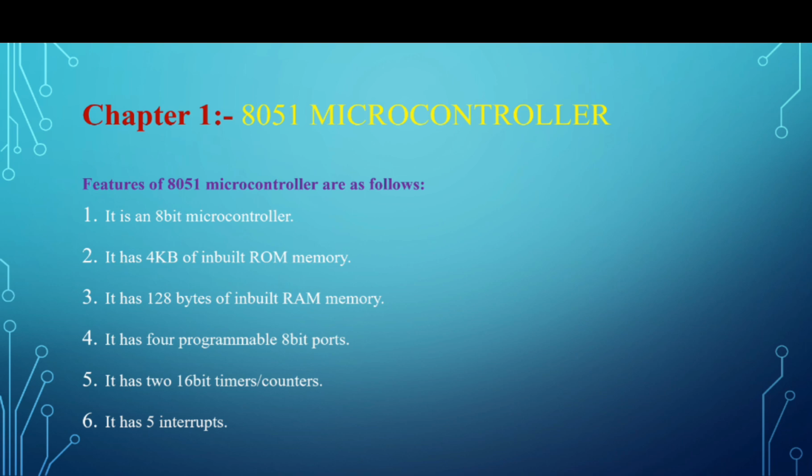There are two timers. T0 indicates timer 0 and T1 indicates timer 1. They can be used either as a time delay generator or as a counter. What is a time delay generator? Delay operation. When my timer receives clock through the oscillator, the timer is used as a time delay generator, because the oscillator generates continuous clock pulses.